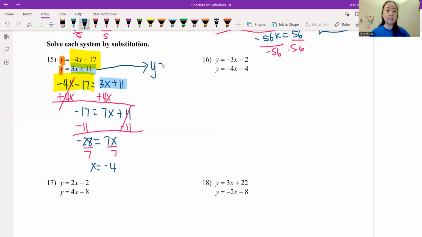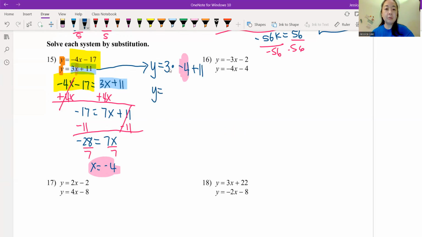So we're going to write y is equal to 3. And then instead of x, we're going to put in negative 4, because we know what x is now. Negative 4 plus 11. Let me see if I could highlight this. So this is x plus negative 4. That's what that is, and that's what that is. Colors help, I think. At least for me, they do. And then we're going to just simplify this.